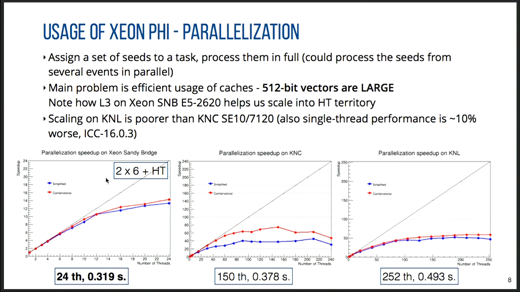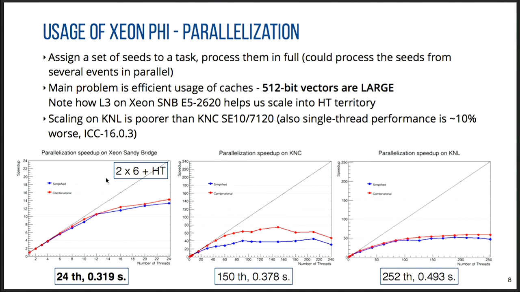If you look at the parallelization, we quickly see that for Xeon, up to physical cores, we scale very well. The same applies for KNC, up to 60-something, we scale very well.